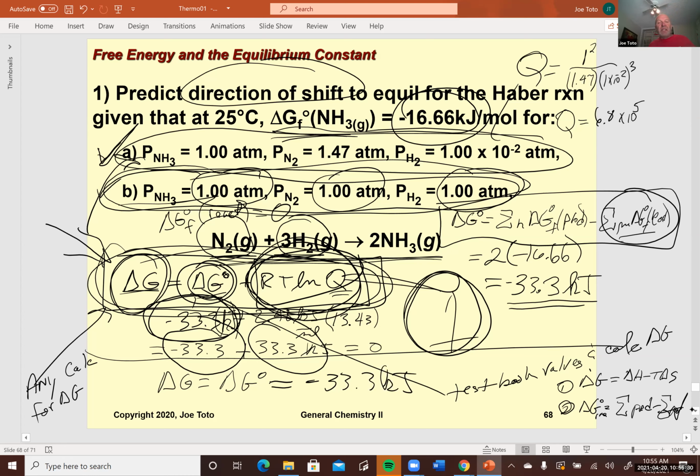And that tells me that under these standard conditions, this reaction is predicted to proceed to the right towards products. And I might be able to extract something less than 33.3 kilojoules if I can tap into that free energy that's being given off.